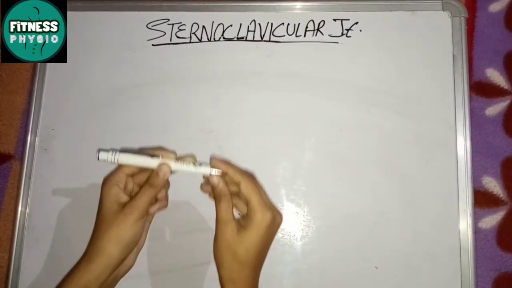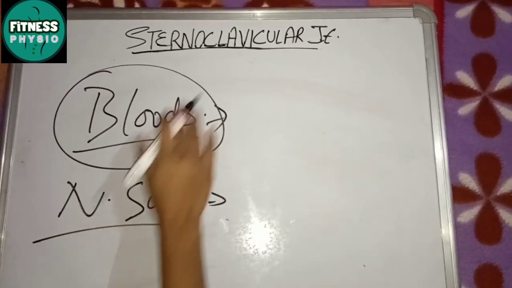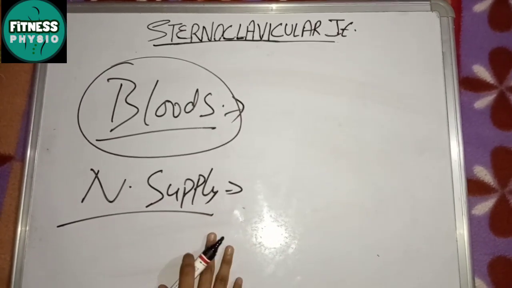So now next and last is the blood supply of your SC joint and the nerve supply of your SC joint.